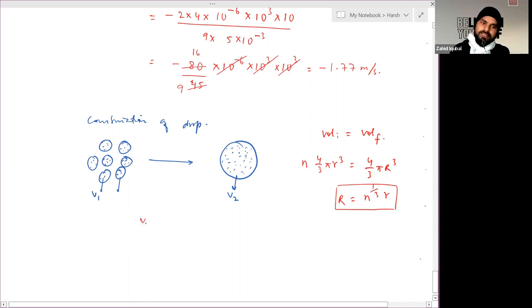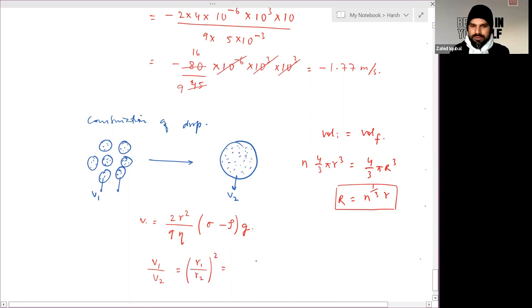According to the formula for terminal velocity, 2 times r square by 9 times eta, sigma minus rho, times gravity: gravity will be constant, sigma and rho will be constant, and eta will also be constant. So the only depending factor will be radius. So we can say V1 divided by V2 must equal R1 divided by R2, whole square.